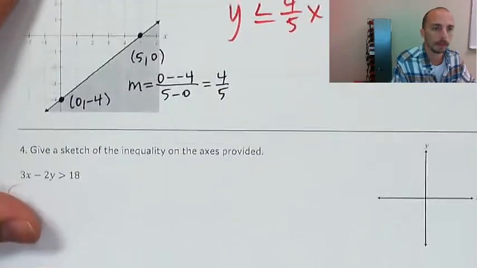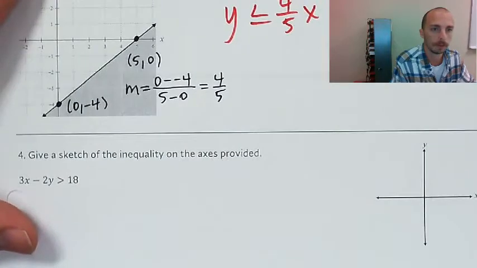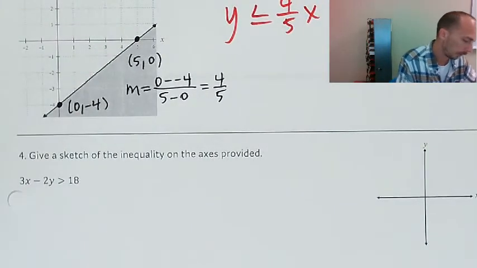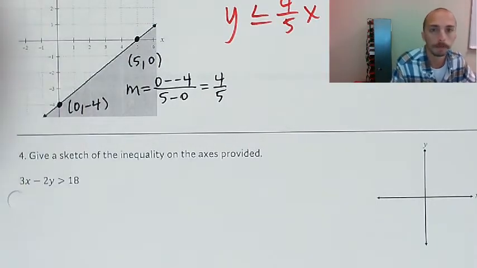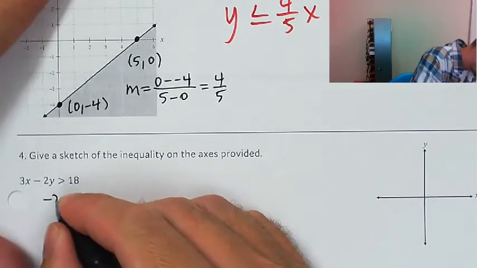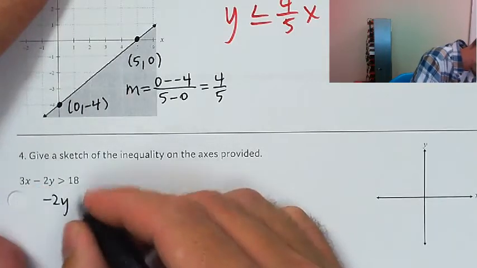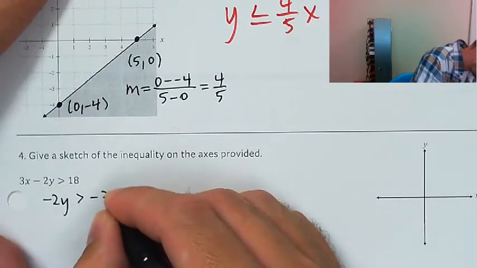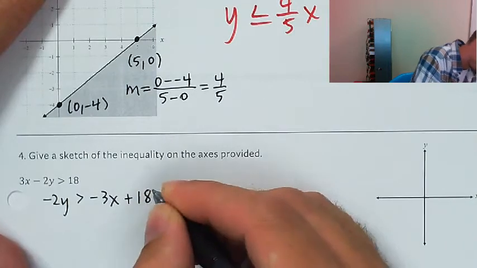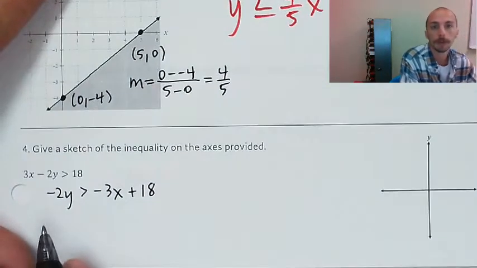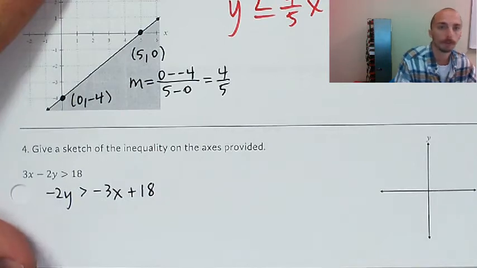On the next one, we'll be wanting to give a sketch of the inequality. Okay, we can do that. 3x minus 2y is greater than 18. Solve for y. Okay, so negative 2y. I have to subtract 3x from both sides. But subtracting, no big deal on the inequality. It's dividing or multiplying both sides of an inequality by a negative number that we have to be concerned about.